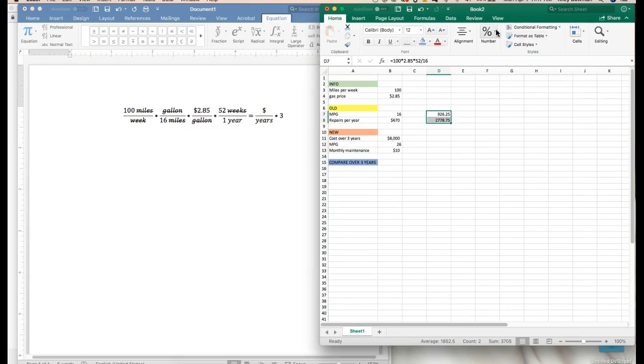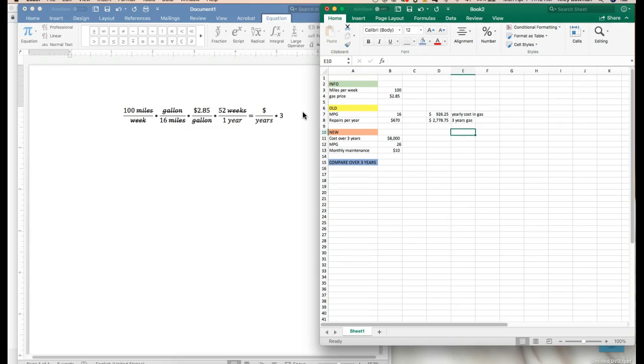So we're going to come up here and just notate that this is money, and this was the yearly cost in gas. I'm just going to put that here so I don't get confused about what I'm working with. 3 years in gas. And this was the yearly cost in gas for the old car.